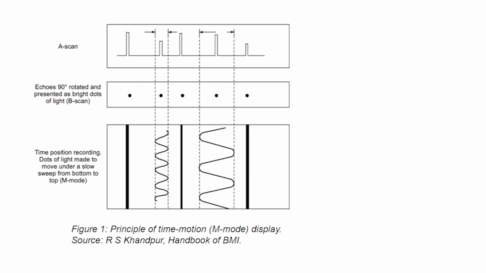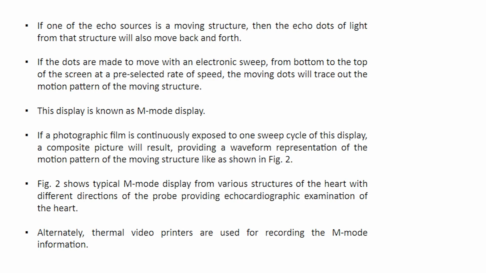If one of the echo sources is a moving structure, then the echo dots of light from that structure will also move back and forth. If the dots are made to move with an electronic sweep from bottom to the top of the screen at a pre-selected rate of speed, the moving dots will trace out the motion pattern of the moving structure. This display is known as M mode display.